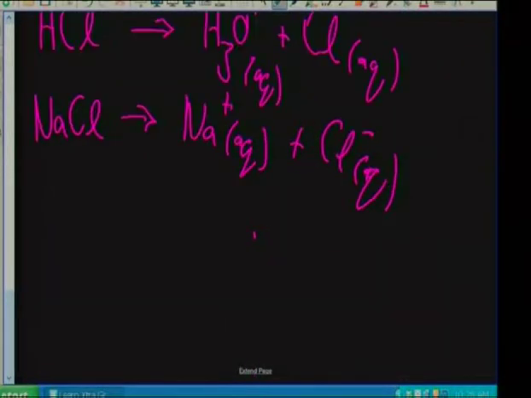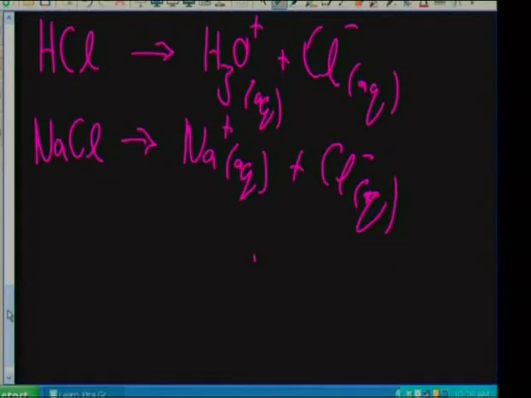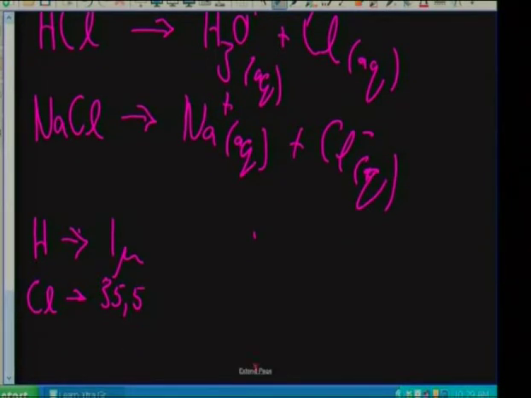And the only way to look at that is to go to the periodic table and to say, well, we know that hydrogen has a mass on the periodic table of 1 atomic mass unit. We know that chlorine has a mass of 35,45. I'm going to round it up to 35,5. And sodium has a mass of 23.